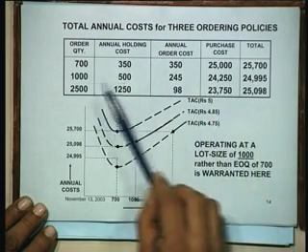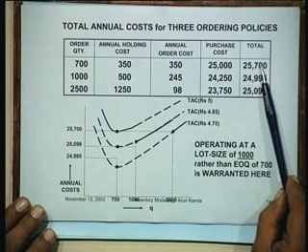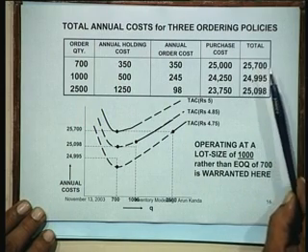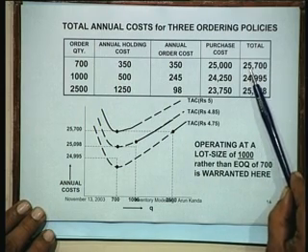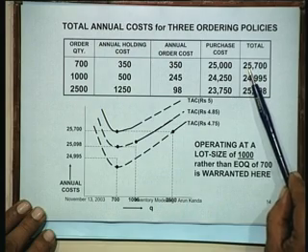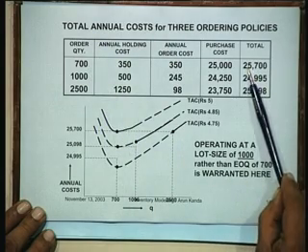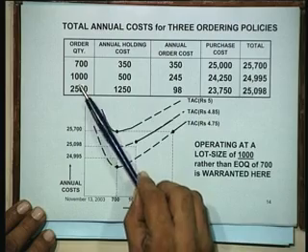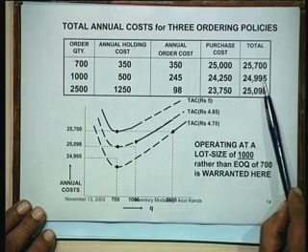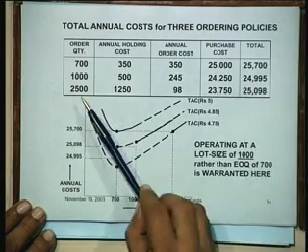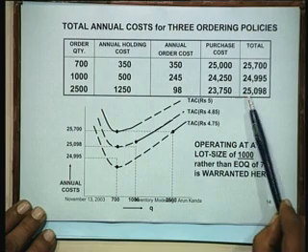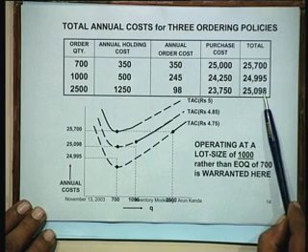And if you then consider the total cost for this particular case, you find that the total cost for an order quantity of 700 works out to 25,700. For 1000 it works out to 24,995. For 2500 it works out to 25,098.